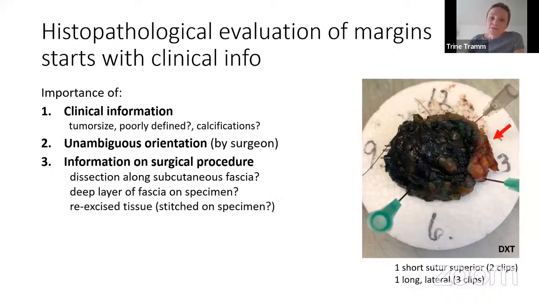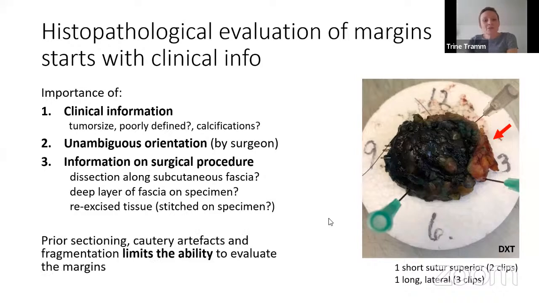And also, as you can see here to the right, the surgeon has stitched a re-excision to the specimen, and that is sometimes very hard to see. So that is also information that I need from you. If the specimen has been sliced or sectioned for some reason, or there are cautery artifacts, that limits my ability to evaluate the margins.